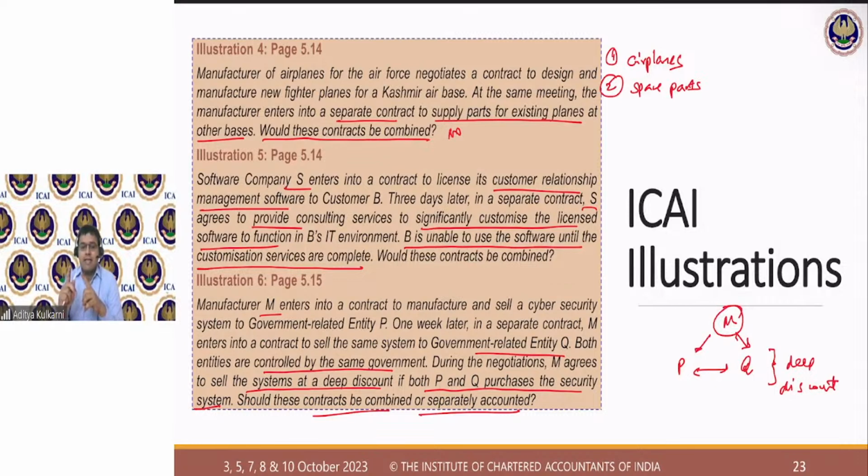We cannot take it as separate, because look at the words. M agrees to sell if both P and Q buy it, agrees to sell it at a deep discount, and therefore it makes more sense to combine these contracts. As I said, it is like installation of SAP.